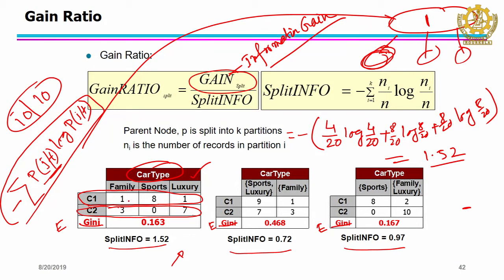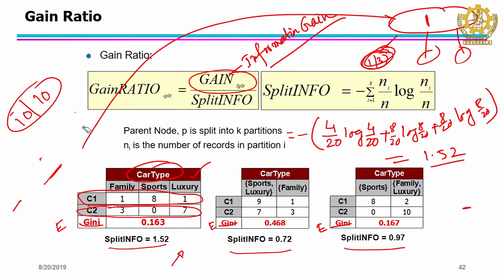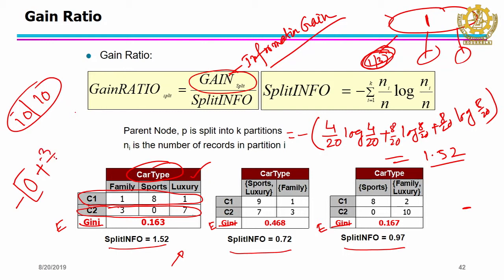So, what is the distribution? 1 and 3. Here you will have 2 terms always. Here log 1 is 0, so 0 plus another term, 3 by 4.